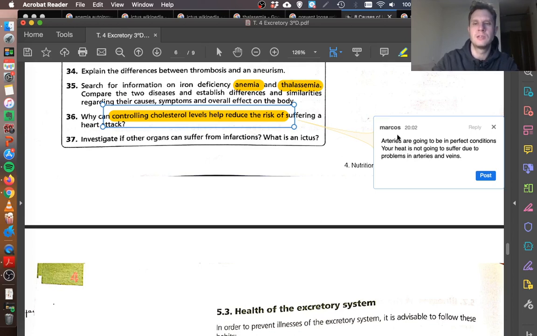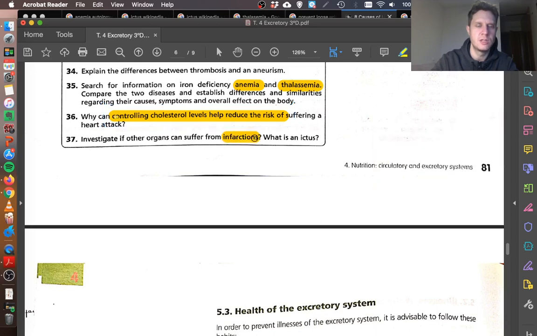Arteries and veins. Good. You avoid suffering infarctions in other organs too, of course, ictus in the brain.